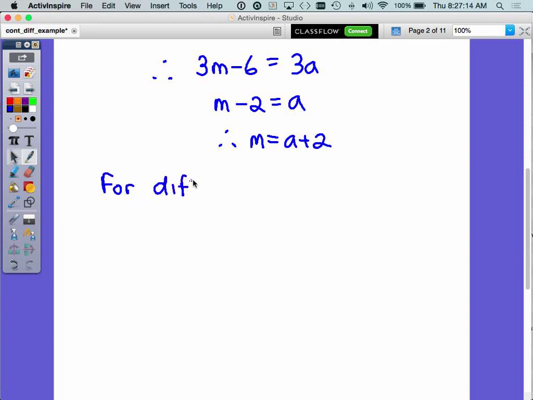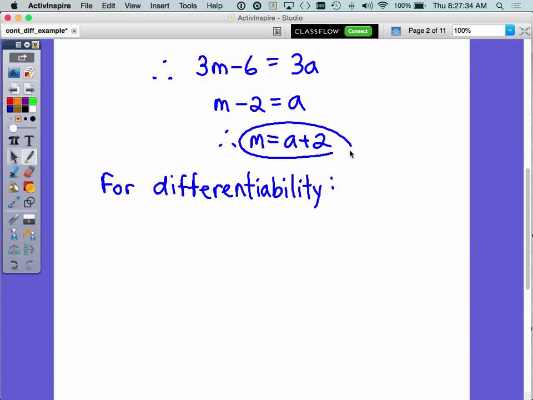In order for the function to be differentiable, I need two things. One, I need it to be continuous, which I've already done. That's up here. So I still need m equals a plus 2. I also need that its left slope equals the right slope.